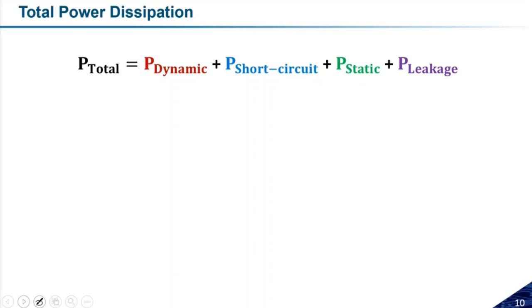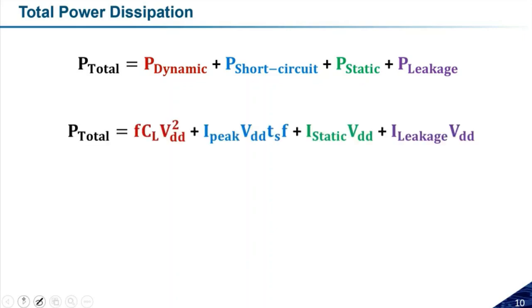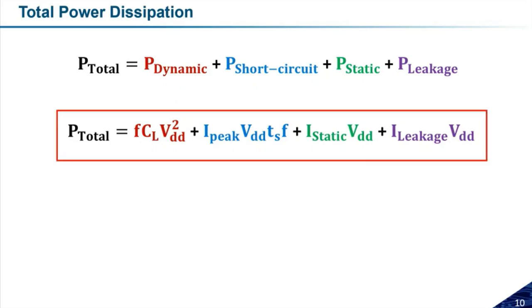If we add all these components, that will become the total power dissipation through any CMOS circuit. So this is all about the total power dissipation that can occur in a CMOS circuit.